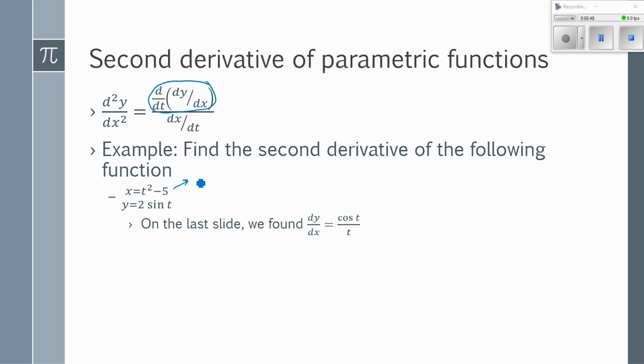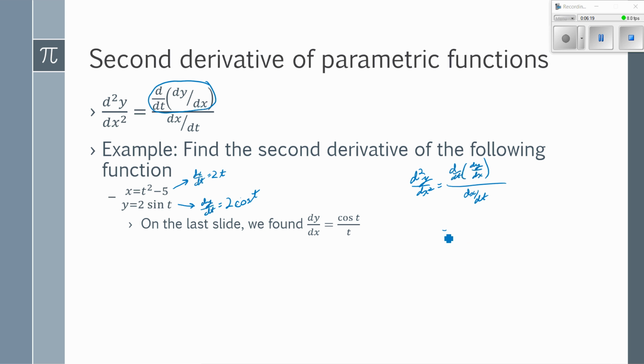We had done that because dx dt was equal to 2t, and dy dt was equal to 2 cosine t, sorry. So if I want to find the second derivative, d squared y dx squared, I need to take the derivative with respect to t of dy dx, and I'll divide by dx dt.